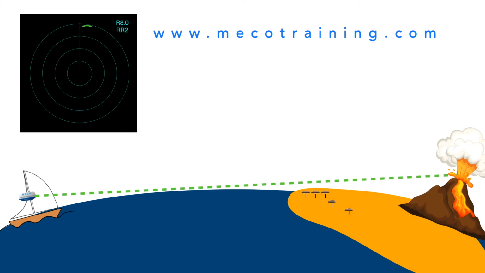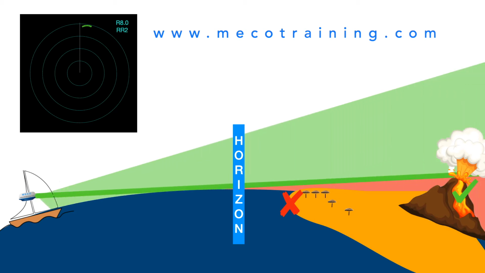The low-lying sandy coastline is beyond the radar horizon, and it's below the radar's line of sight, so it's not going to show up. The much higher volcano, however, whilst it is beyond the radar's horizon, it is above the radar's line of sight, so it will show up on the radar.